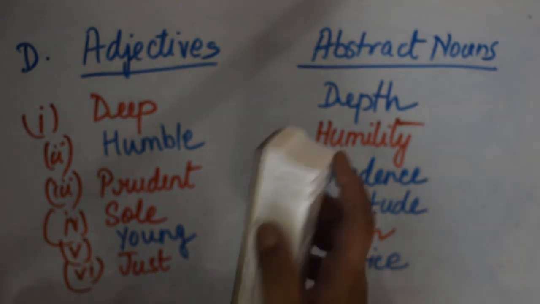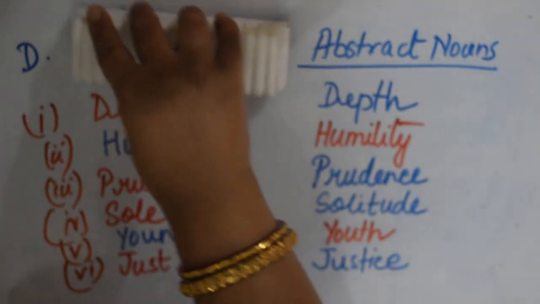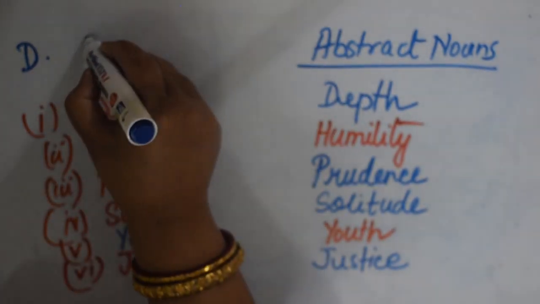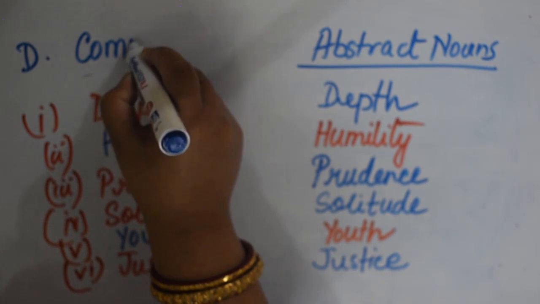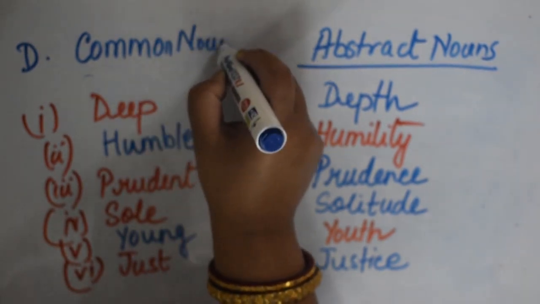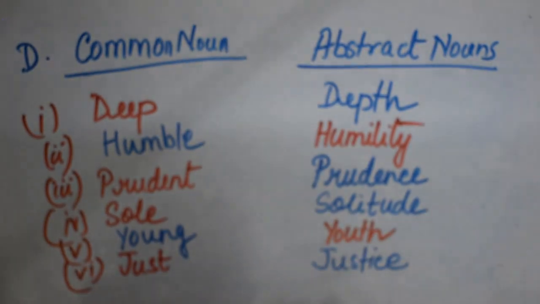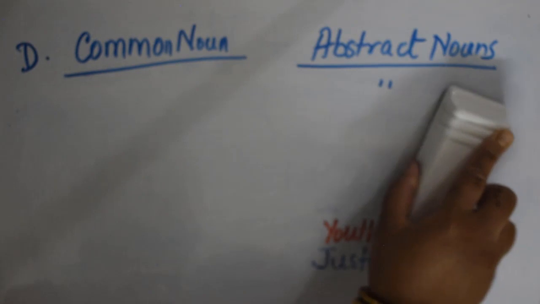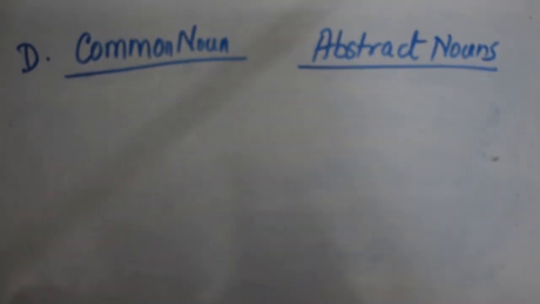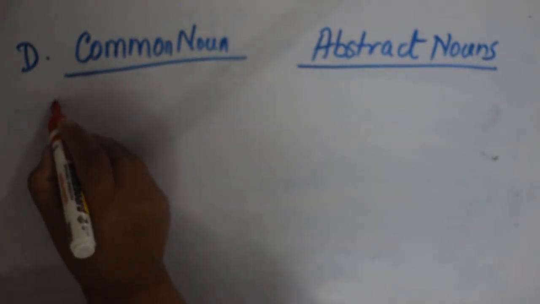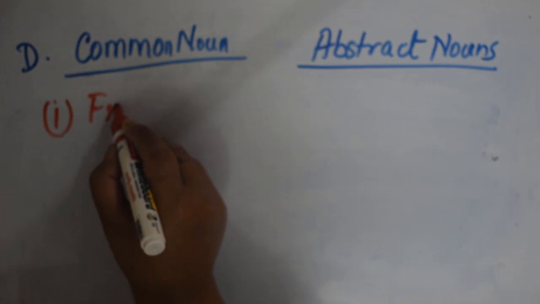All right. Okay, the next type was from common noun to abstract noun. The first word was friend.